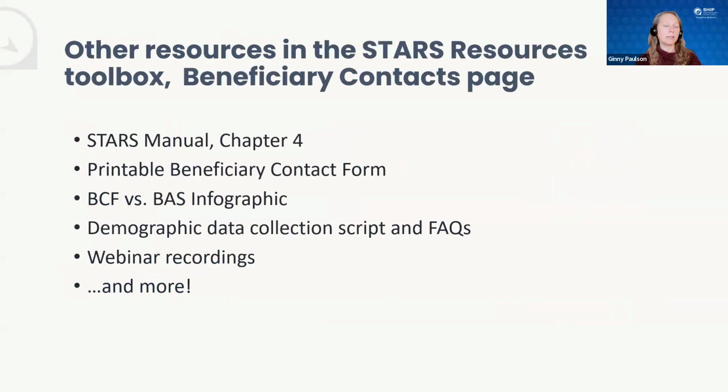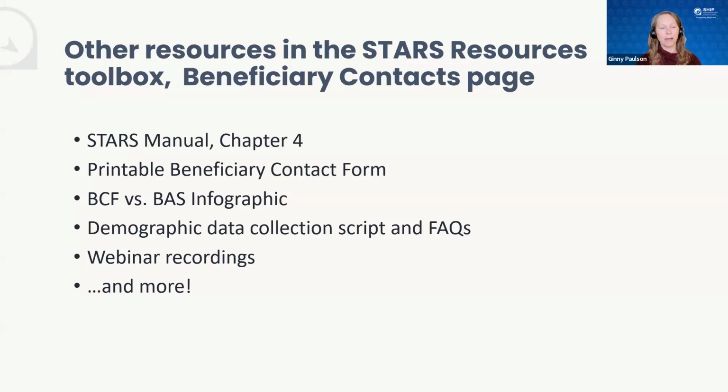So here's a list of examples of resources you'll find when you go to the beneficiary contacts page of our STARS resources toolbox. The STARS manual, chapter 4 is a standalone chapter, or the whole manual stitched together into one file. A printable beneficiary contact form. If you're keeping paper notes while you do a session, it'll remind you of all the things you need to ask for later data entry.